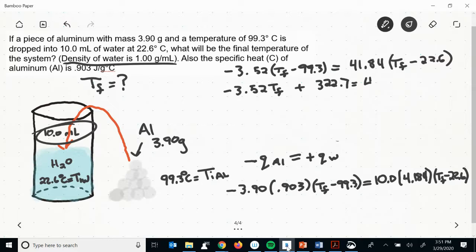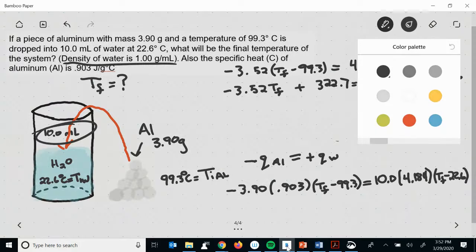I want to keep a couple of extra digits just to make it look clean. I'm going to do the same thing on the other side. And so I'm going to say 41.84 times negative 22.6 equals negative 945.6 degrees Celsius.